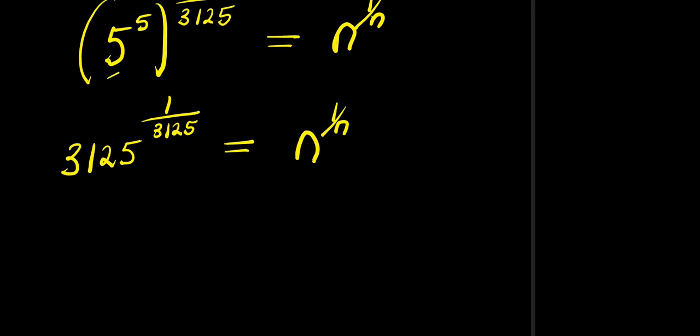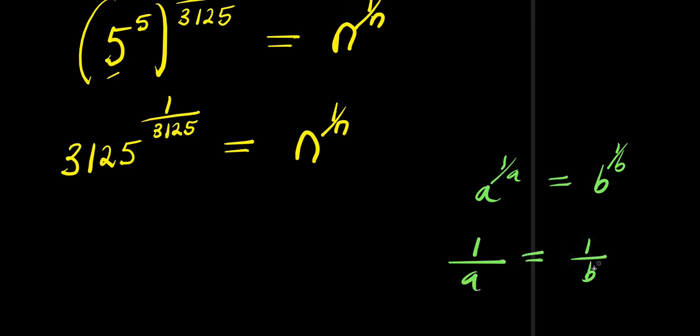So at this particular point, if you have a power 1 over a equals b power 1 over b, you can compare them. You can have 1 over a equals 1 over b. So you cross multiply. That means you have a equals b. That's exactly what we are going to do here.